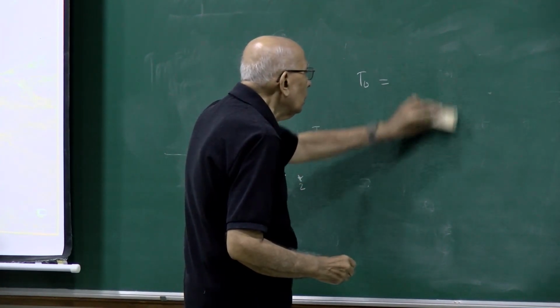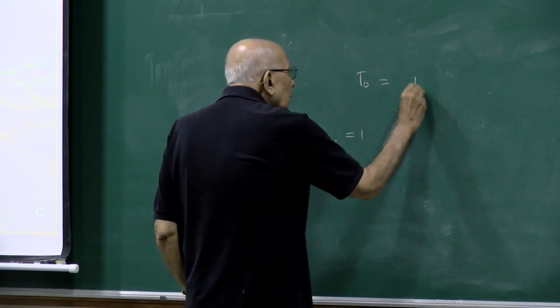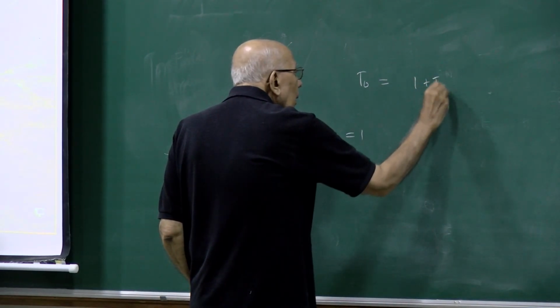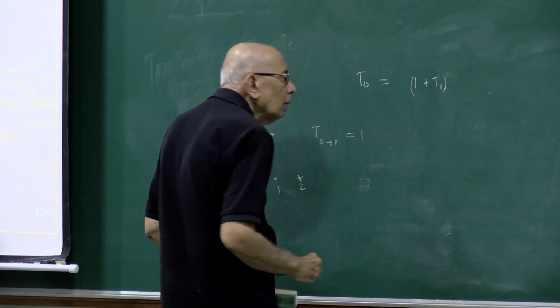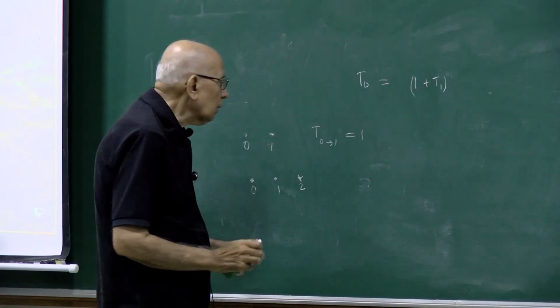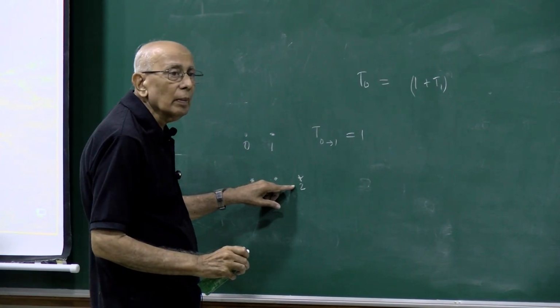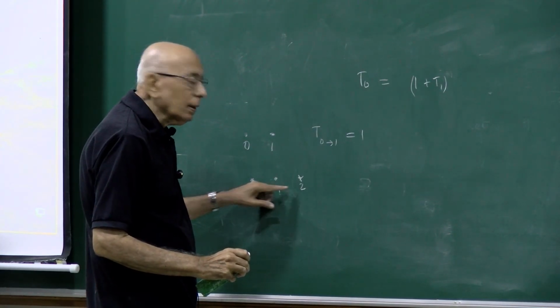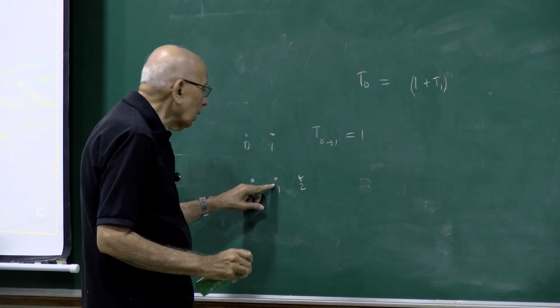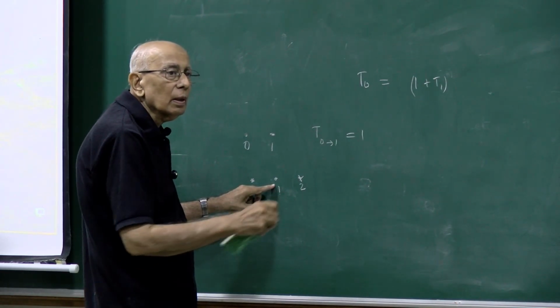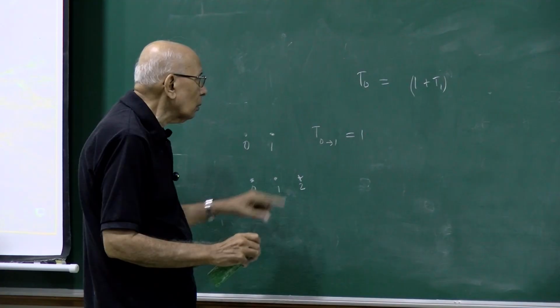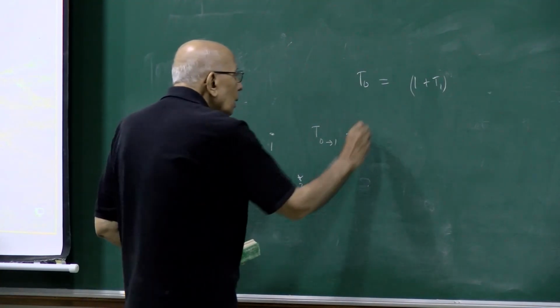So T0 is equal to 1 plus T1. T1 is the mean time to hit 2 for the first time starting at 1. I take one time step to go to 1, and then from there, anything is fair. T1 is the mean time to hit this point. But what is T1?